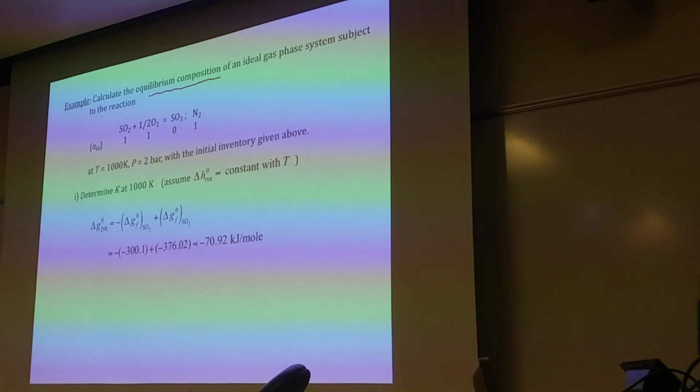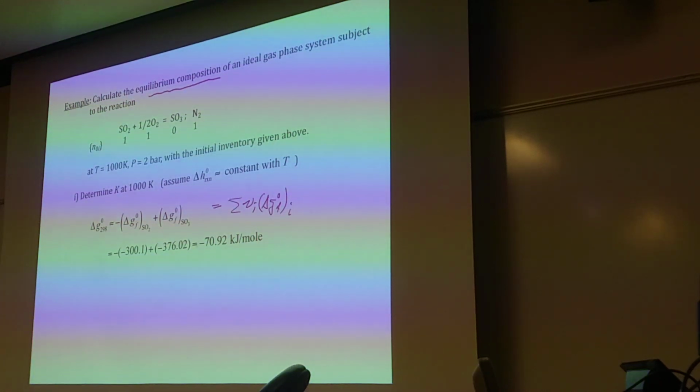The starting way that we do that is to get the standard Gibbs free energy change of the reaction at the reference temperature of 298. And remember how we get that? That's composed as the summation of nu i times these delta G zero of formation for all of the participants in the reaction. In this case it would be minus the free energy of formation for SO2 plus that of SO3.